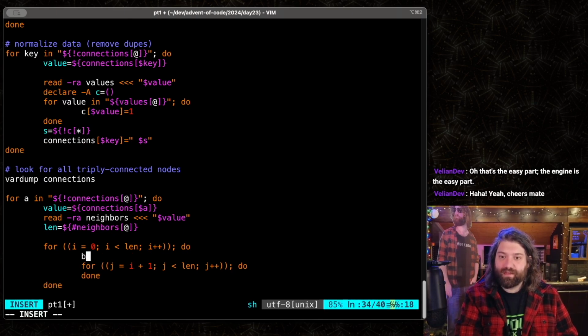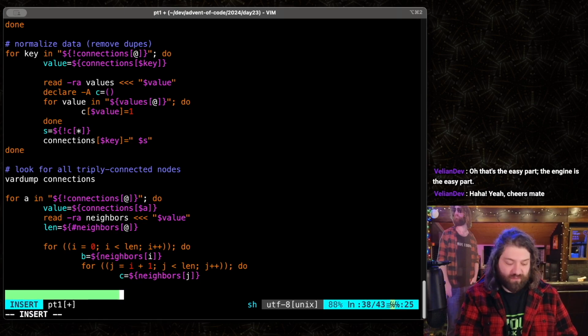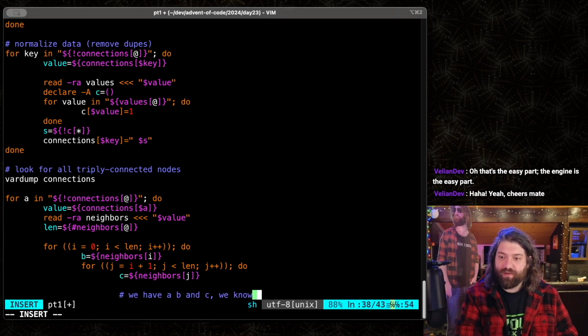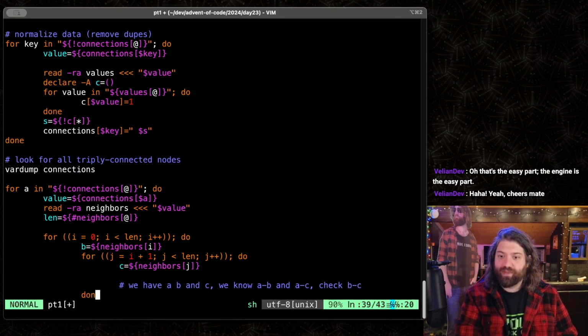So B is what is at neighbors spot I. And C is what is at neighbors spot J. So now here we have A, B, and C. We know A, B, and AC. Check BC.